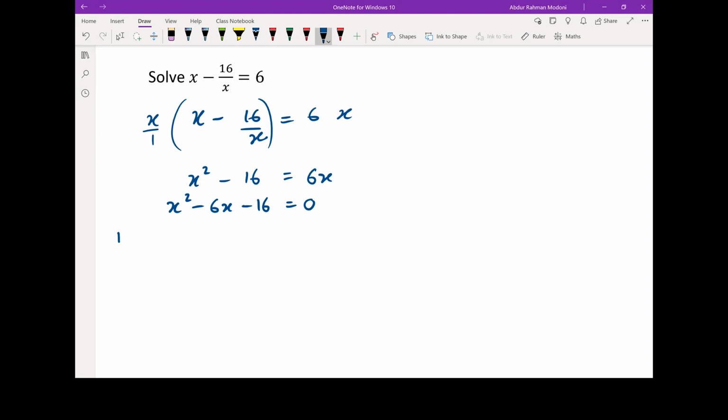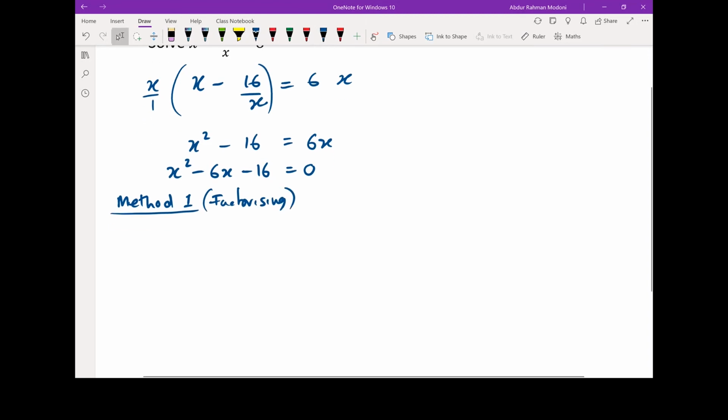Method 1 would be the technique that we use for non-calculator paper, which would be by factorizing. So method 1 is factorizing. So let's go and factorize this equation. x squared minus 6x minus 16 equals 0.